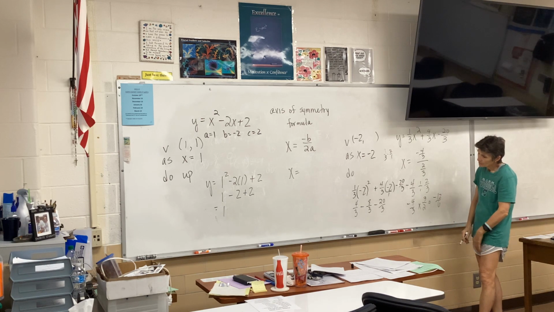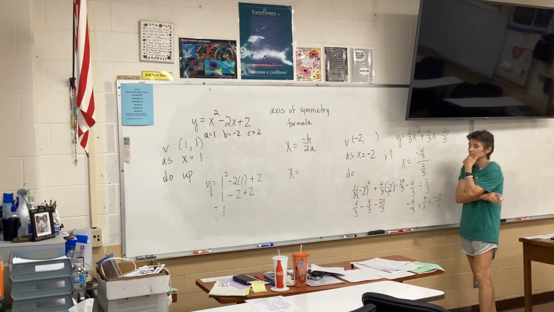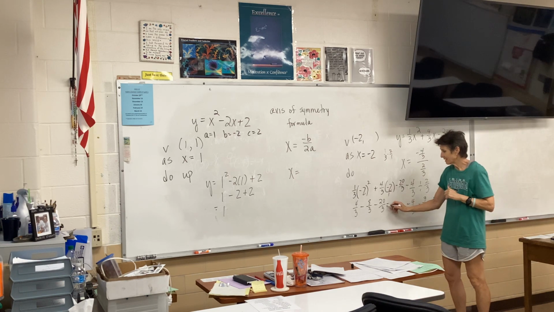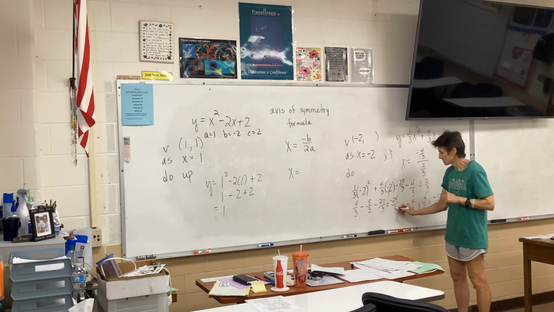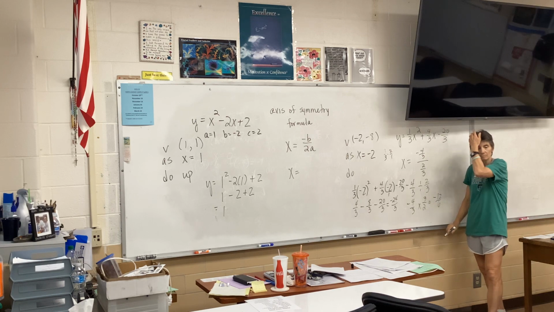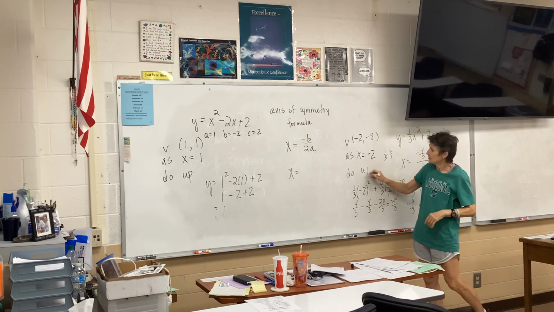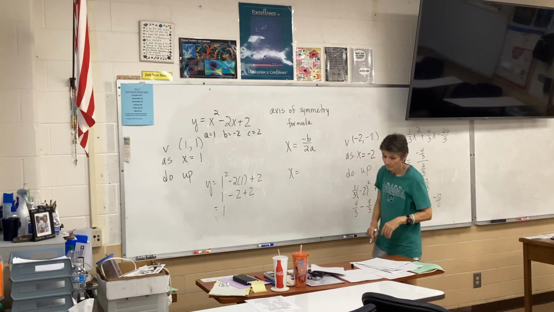So 4/3 minus 8, well, let's just do 4 minus 8 minus 20. So 4 minus 8 minus 20 is -24/3, which is -8. That's a positive 1/3, so it opens up.